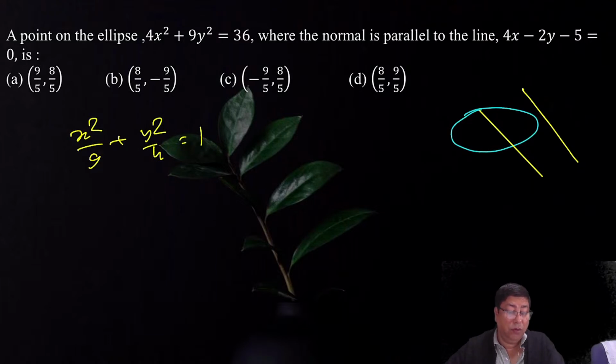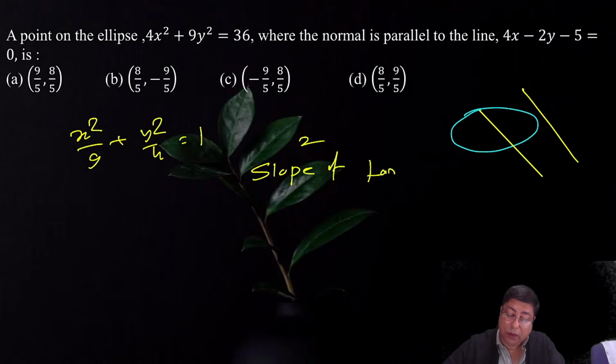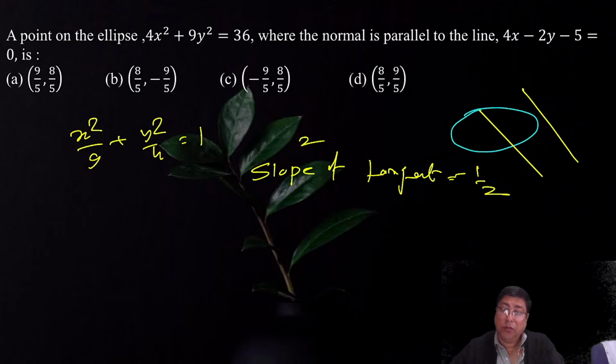The normal at the point is parallel to the line, so the slope of the normal is 2, and the slope of the tangent is minus half. The point of contact is a square m by c and b square by c, where c square equals a square m square plus b square.